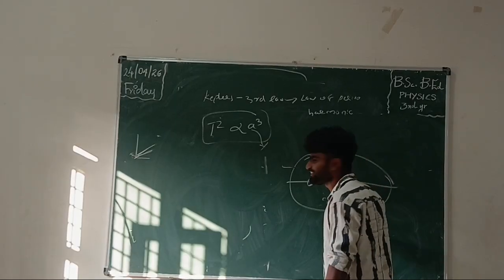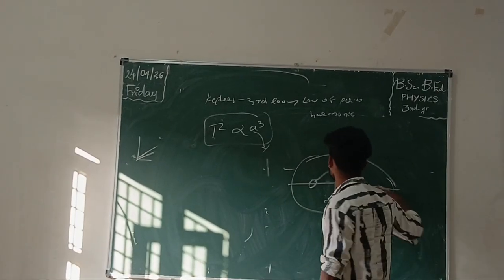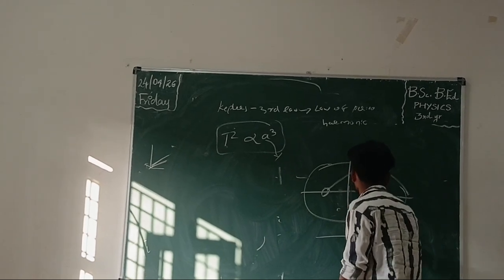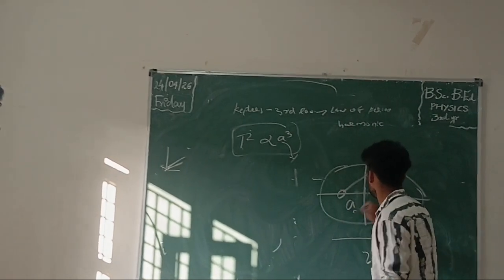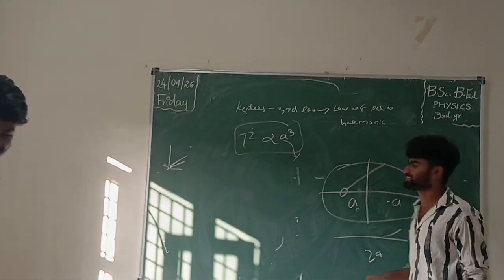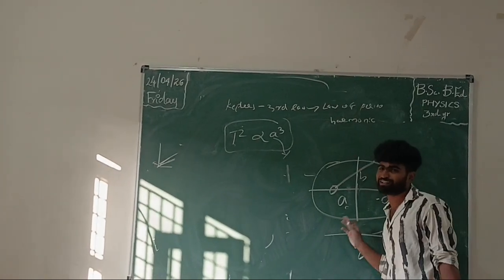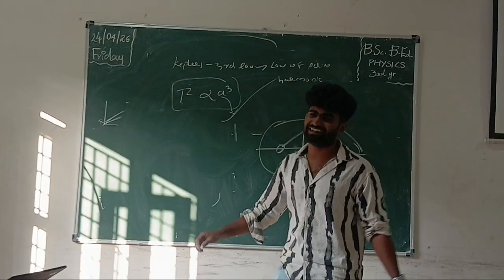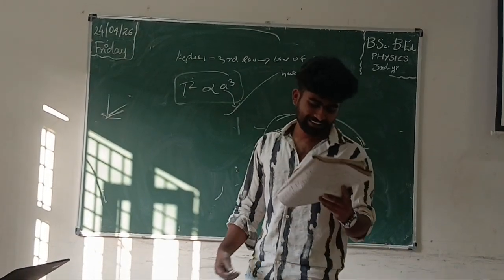For an ellipse there will be a major axis and a minor axis. So this is 2a, and the semi major axis means a. b is the semi minor axis. So we studied T square directly proportional to a cube.